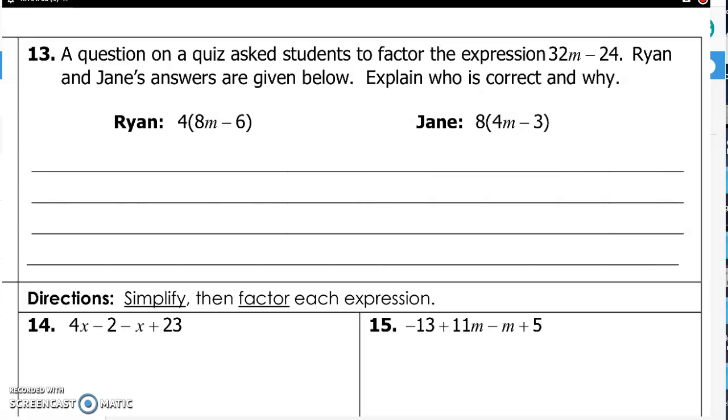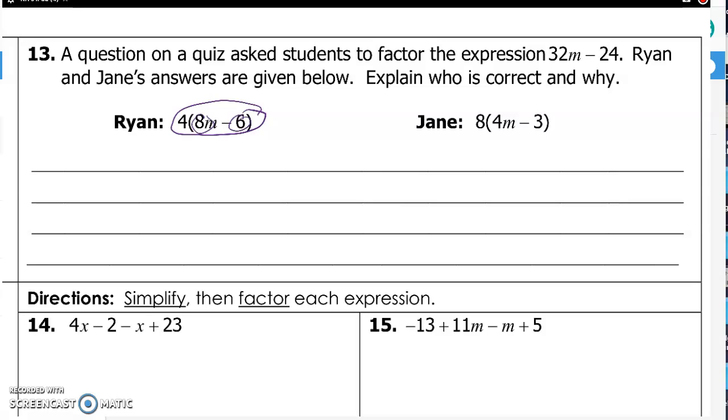On page 2-9, we're going to continue doing the factoring. First, we're not going to have to write this out, but just looking at 13, you can see that Ryan and Jane gave two different answers. So when you look at Ryan's, what you should notice is that the 8 and 6 have another number that goes into them.